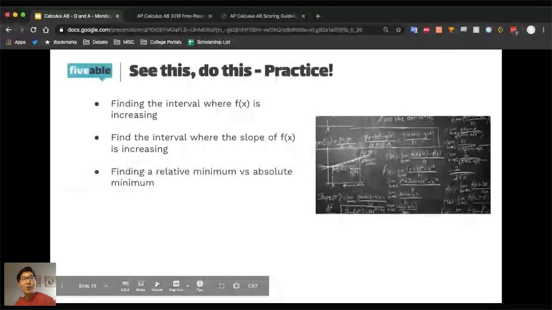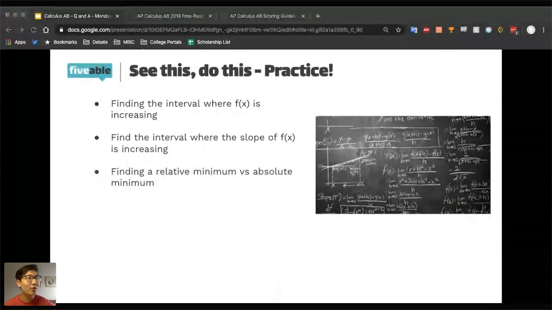How about finding, oh, we just covered this, a relative minimum versus an absolute minimum. So what is the difference? This one's a little bit difficult, but that's okay. On the right track.